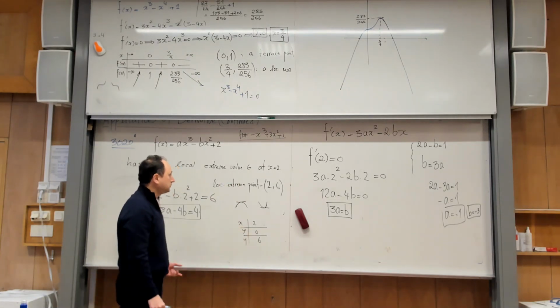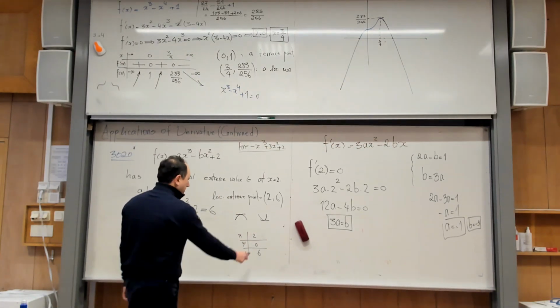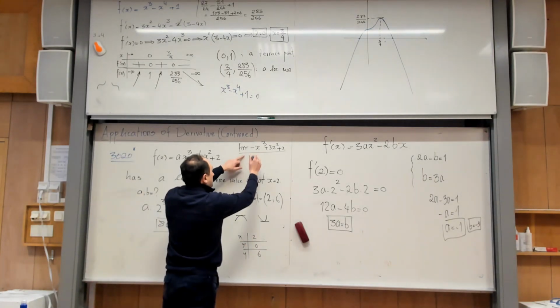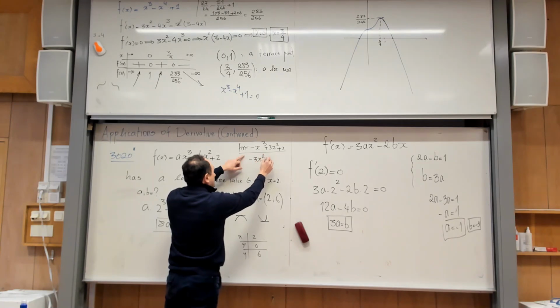So tell me, how should I know that the derivative is positive or negative before 2? I take the derivative, it becomes minus 3x squared plus 6x. I factor a minus 3x out, it becomes x minus 2.